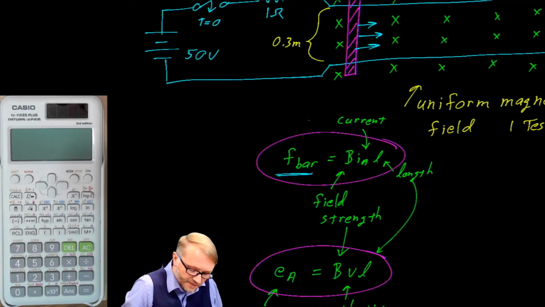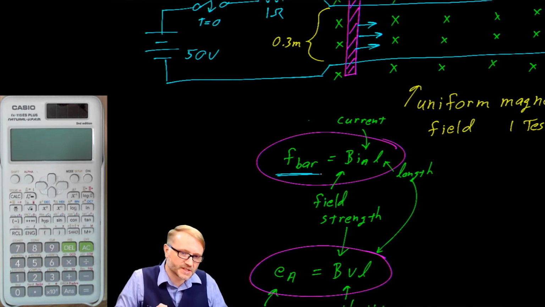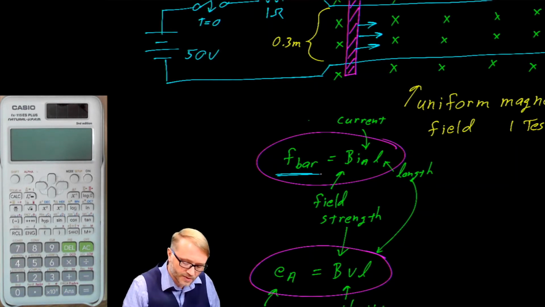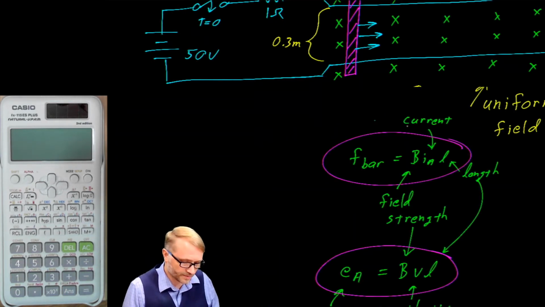When we reach the final velocity, the force on the bar must equal 0. That seems like a strange statement, but it has to be. Because if the force on the bar wasn't 0, the bar would still be accelerating. So the force on the bar has to be 0, which means the current must be equal to 0.